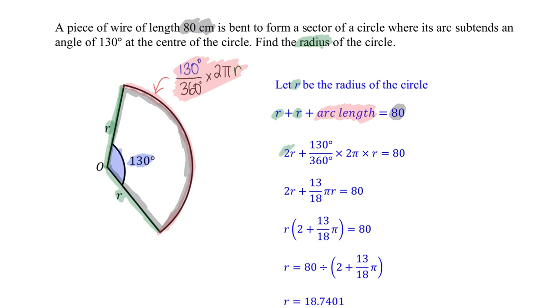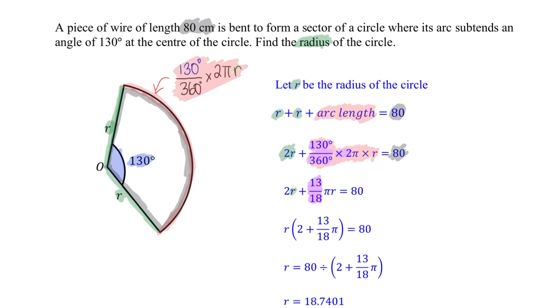r plus r will be equal to 2r. I have my 130 degrees over 360 times 2 pi r, and the whole thing is equal to 80. And then 130 degrees over 360 times 2 will give me 13 over 18 pi r.